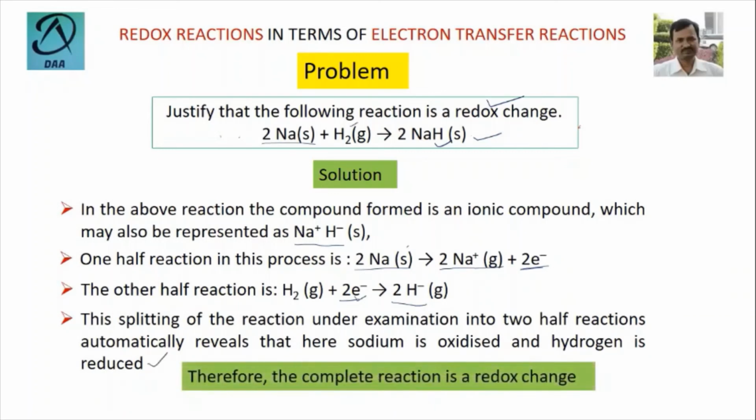Therefore, the complete reaction given in this problem, 2Na plus H2 giving 2NaH, is a complete redox change. In this way, if another reaction comes, we can solve it in the same way.